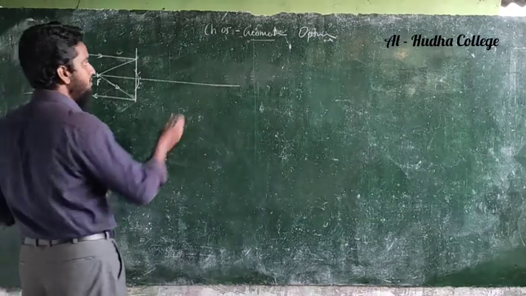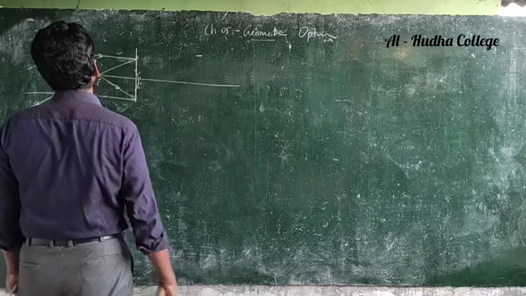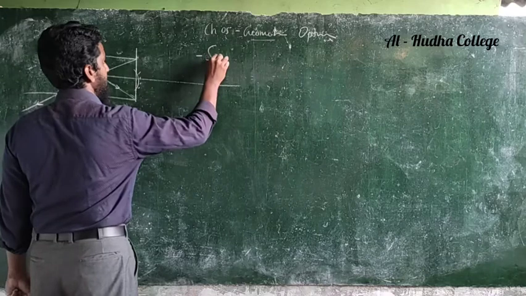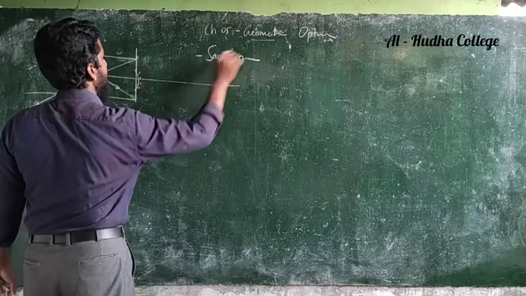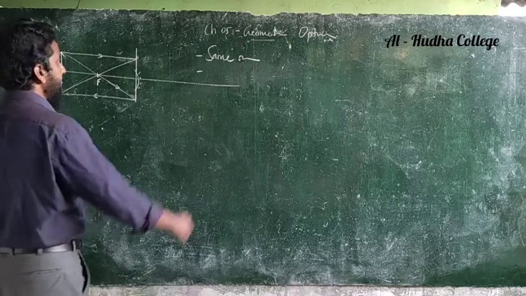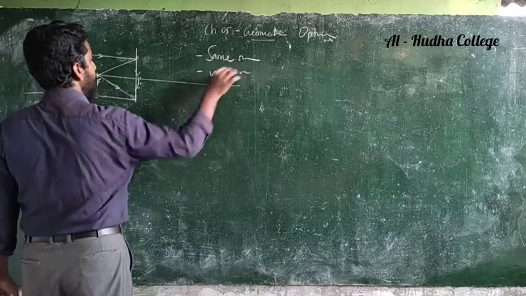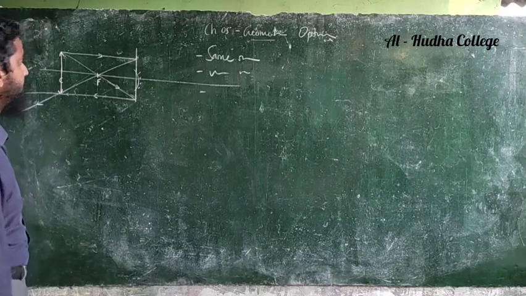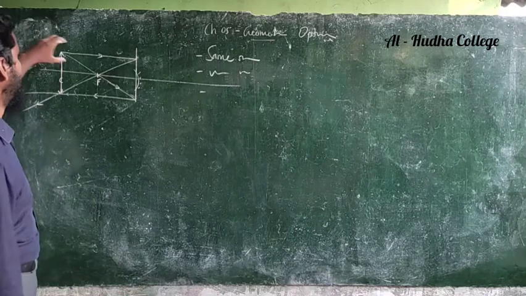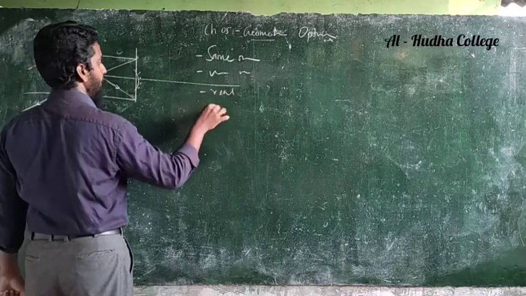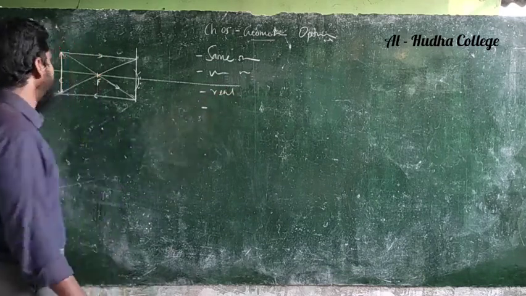Then the characters of the image. The first character, size: same size is going to be observed. The second, appearance: vertically inverted. The third, real or virtual: that is going to be real, because by the real rays we are obtaining this image.